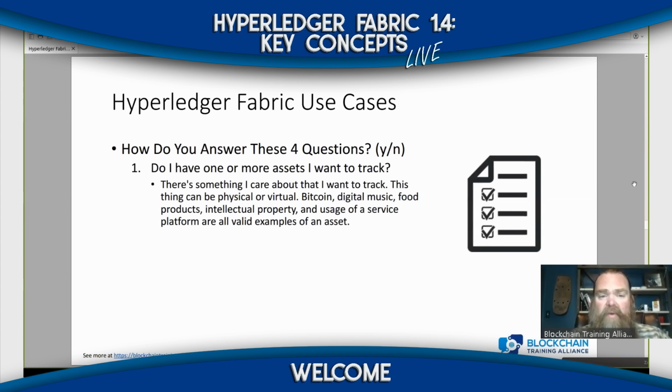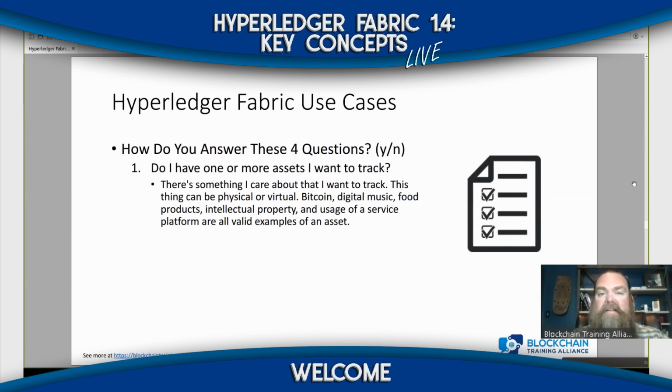So the very first question we're going to ask ourselves, do I have one or more assets that I want to track? Do I have something that I care about? When we talk about assets, we're talking about something that can be physical and tangible, like a car, a cell phone, real estate. We can also talk about something that is virtual or intangible.